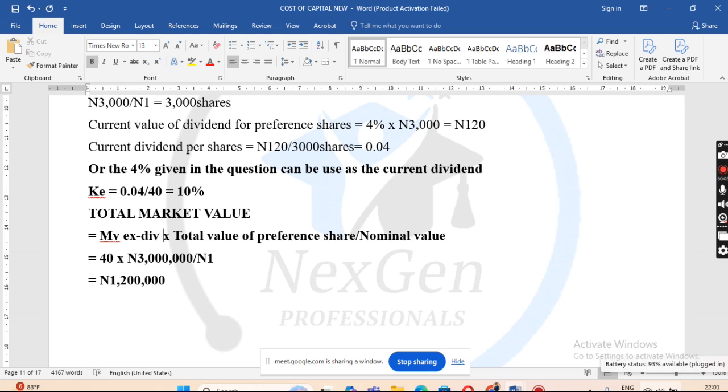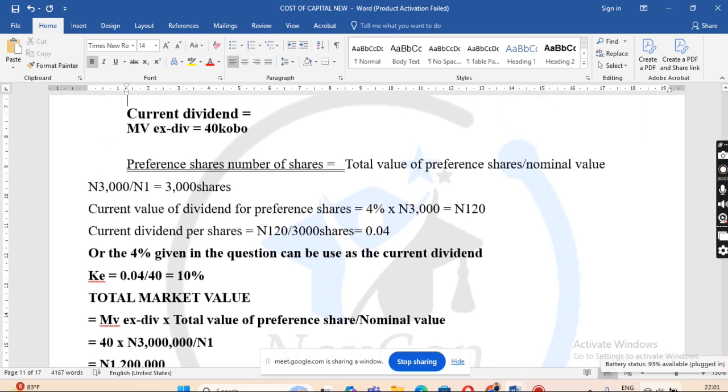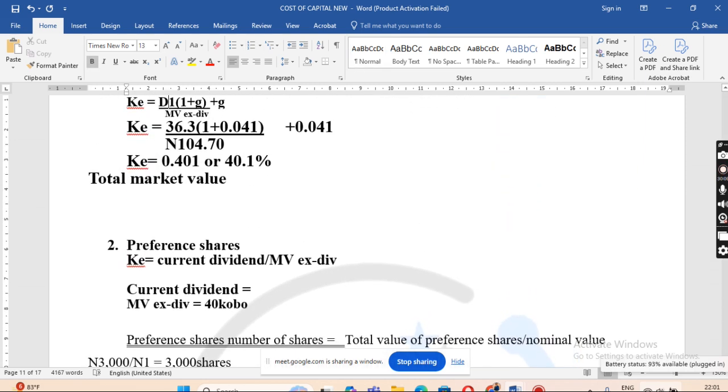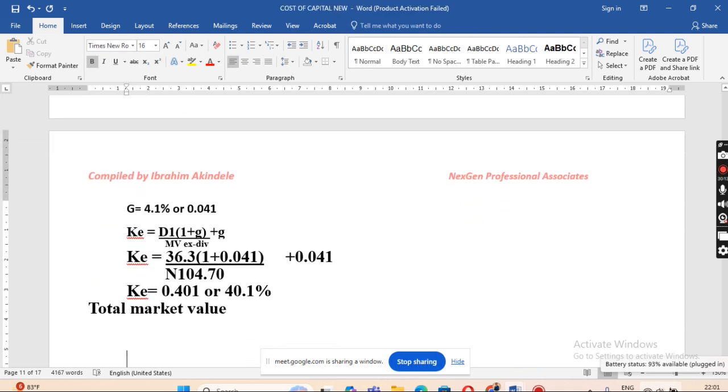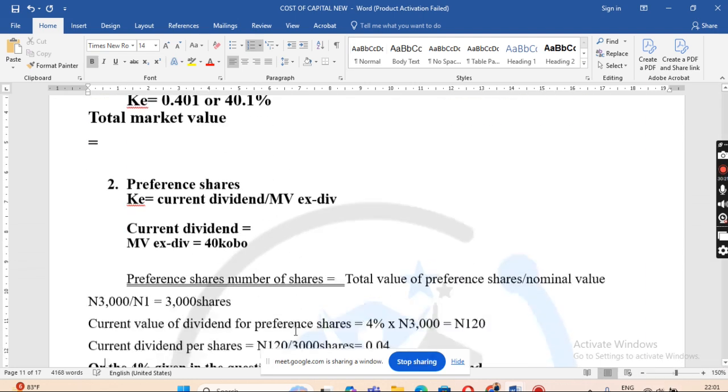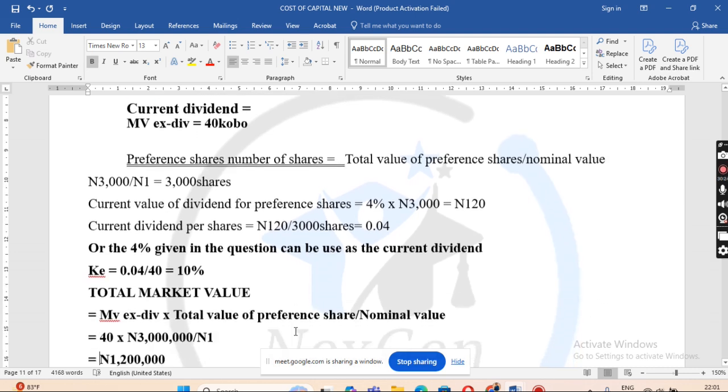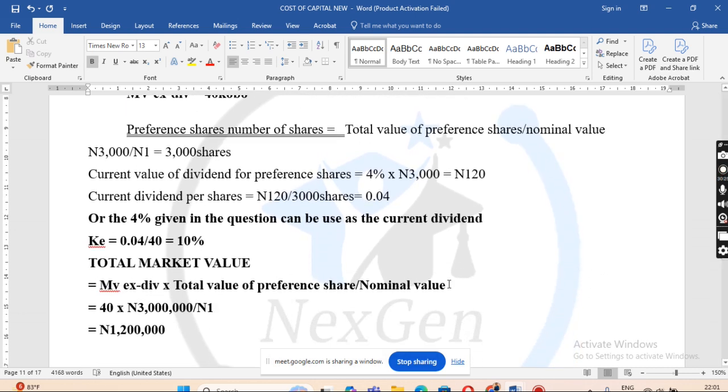So the same thing is applicable to equity as well. Let me just copy the formula here. Then I will not use preference shares, it will be ordinary shares.